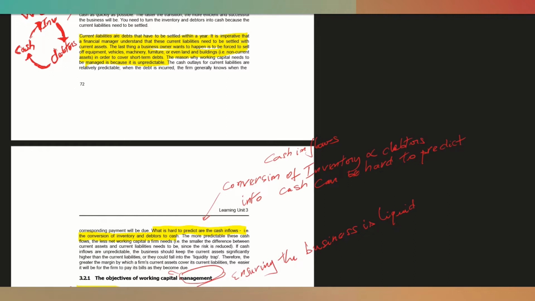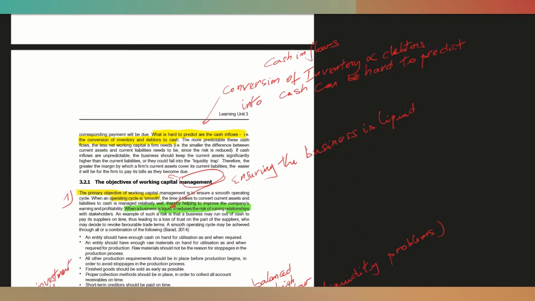Yeah, so one certainty here is that we know when we have debt, when we need to settle those debts. It is predictable and we know when the payment is due, right? What is difficult to predict will be the cash inflows, right? The conversion of the inventory or the debtors to cash.